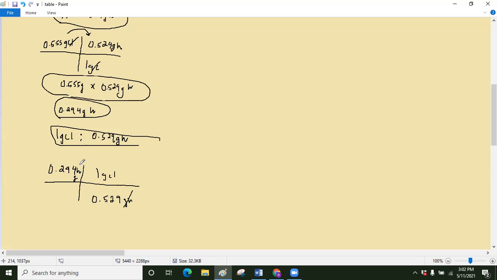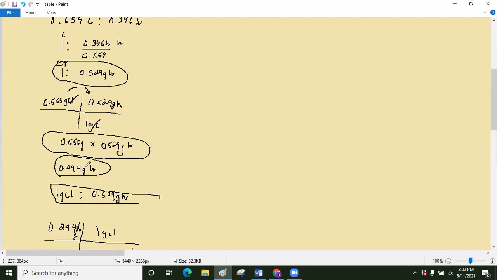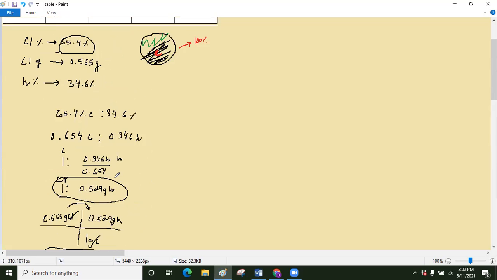These hydrogens will cancel out, and what I'll be left with is 0.294 over 0.529. Doing this division, you would in fact get 0.555. So it really works. If you have this conversion factor, you can figure out how much hydrogen or how much chlorine you need. This approach is really effective.